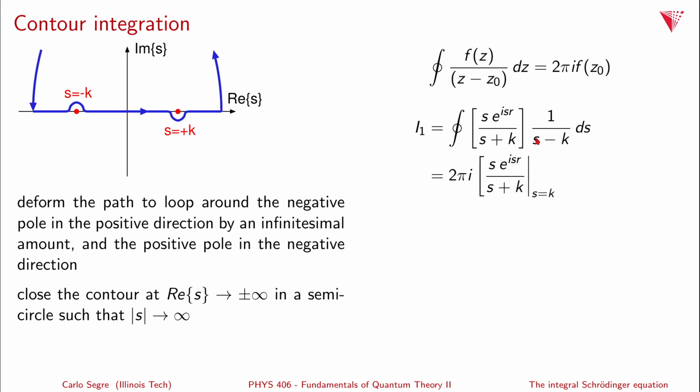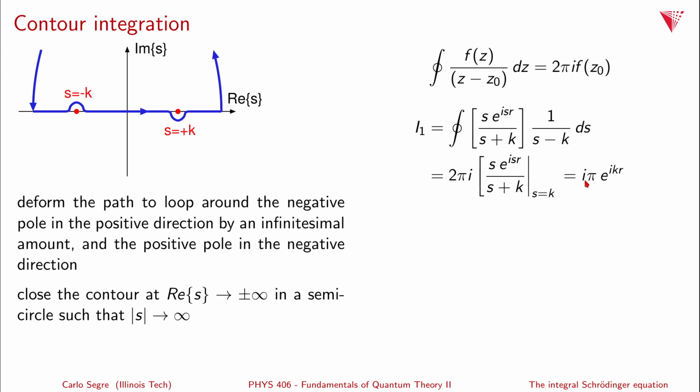So we then have to evaluate, the Cauchy formula tells us that our solution is 2 pi I times the function at the pole if we go in the counterclockwise direction. So we're going in a counterclockwise direction around the loop. And so we need to evaluate s e to the ISR over s plus k at s equals k. But of course, we've excluded that pole, that's the pole we integrated out, and so there's no infinity anymore. At s equals plus k, you just get 2k.